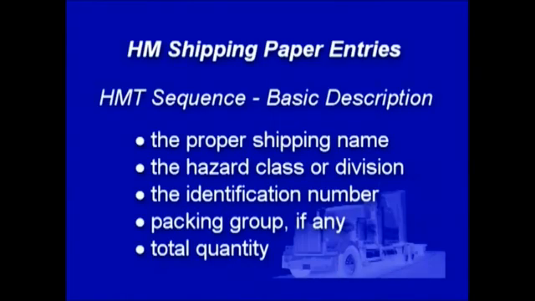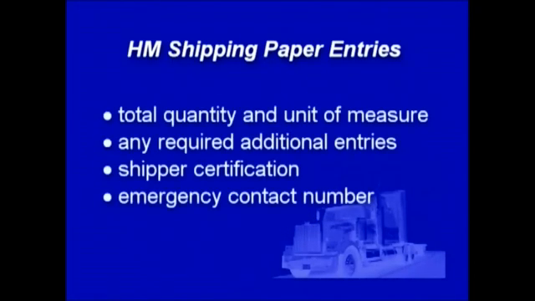The proper shipping name, the hazard class or division, the identification number, packing group, if any is assigned, and the total quantity. Shipping papers must also include total quantity and unit of measure, any required additional entries, shipper certification, and emergency contact telephone number.